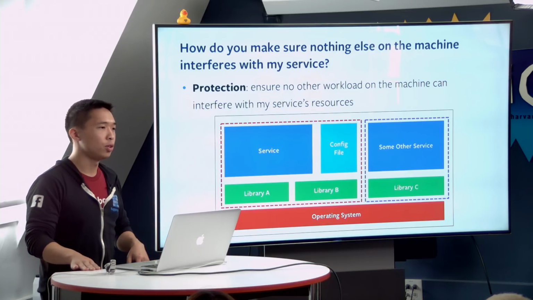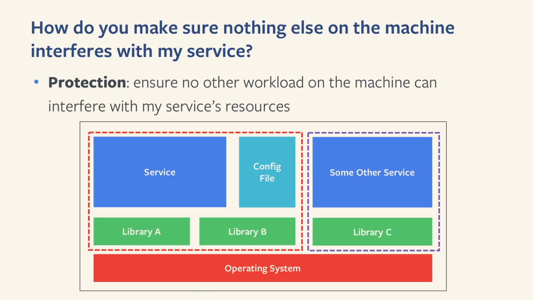Another problem with interference is protection. Let's say I have my workload in the red dotted box and something else running on the machine, the purple dotted box. One thing I want to ensure is that the other thing doesn't somehow kill or restart or terminate my program accidentally. Let's say there's a bug in that other program that goes haywire. The effects of that service should be isolated in its own environment.